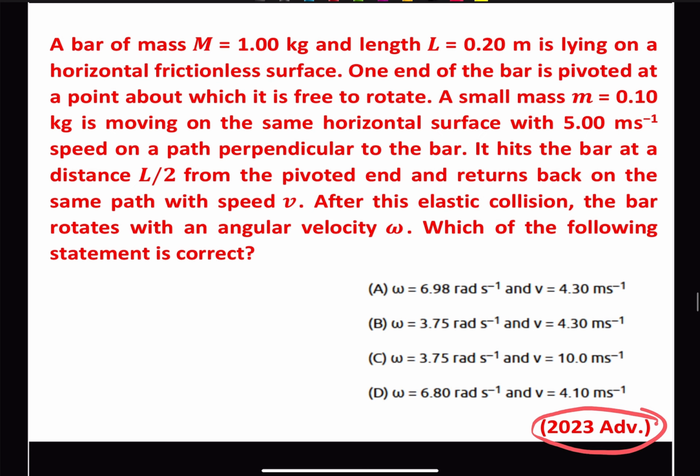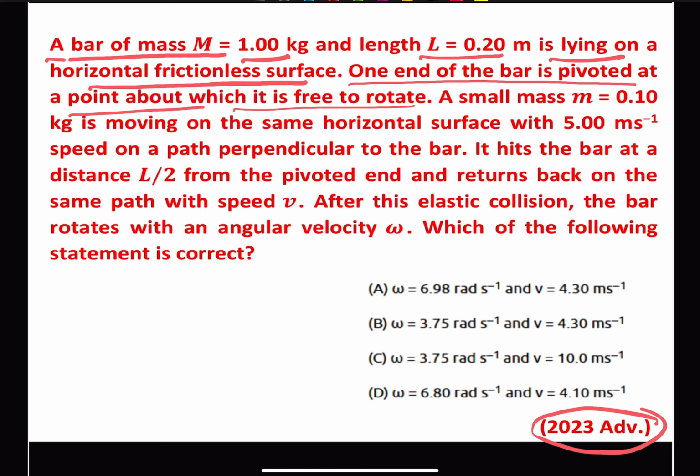It states that a bar of mass m 1 kg and length 0.2 meter is lying on a horizontal frictionless surface. One end of the bar is pivoted at a point about which it is free to rotate. A small mass m 0.1 kg is moving on the same horizontal surface with 5 meter per second speed on a path perpendicular to the bar.